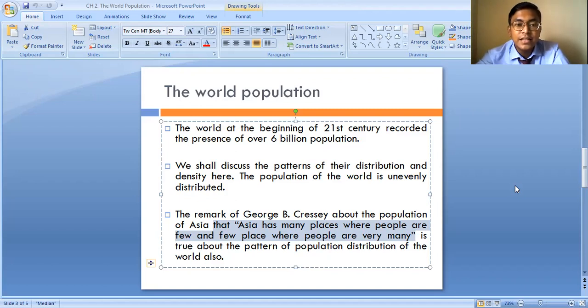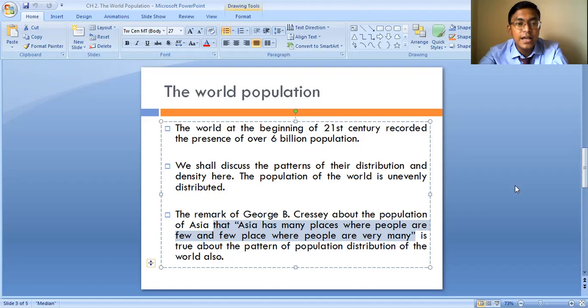Try to understand: there are many places in Asia where the population is very low, but there are very few places where people are many, where the population is very high.